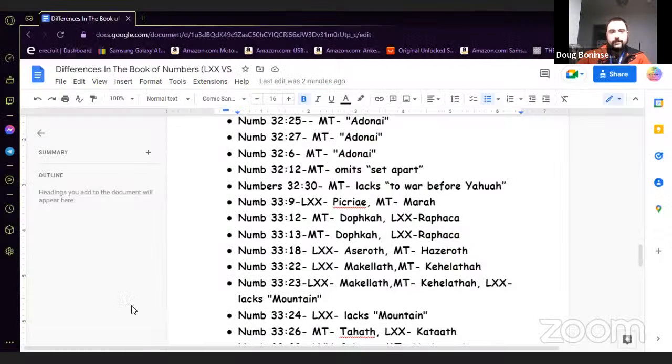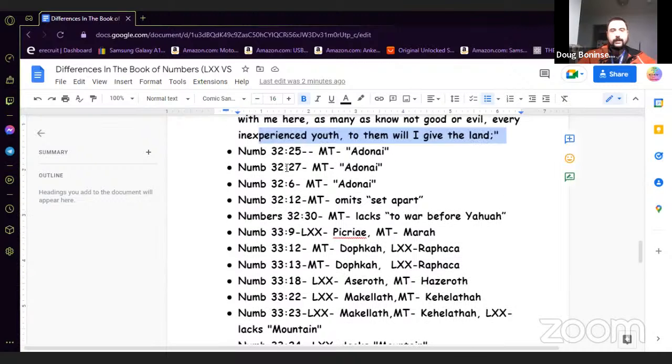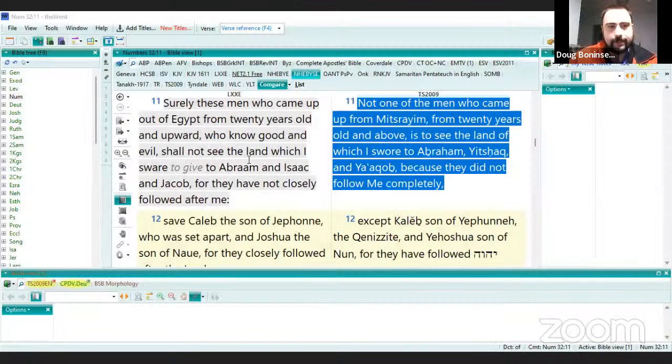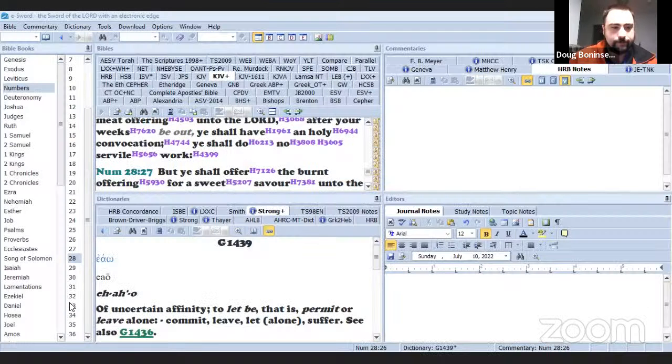Okay, now we're getting to Numbers 32:25. And the Masoretic text has Adonai there, so I'm going to show you guys what I'm talking about. For this purpose, I'll use the eSword program. Let me just do that real quick. So Numbers 32:11.